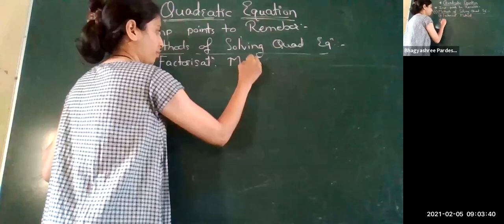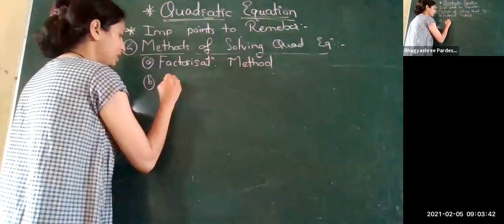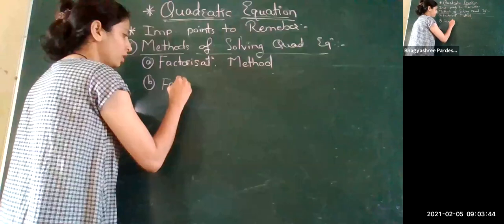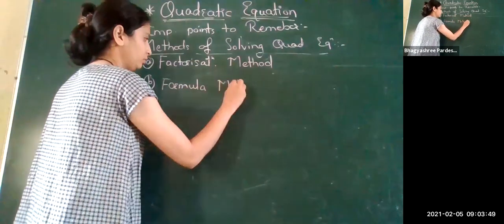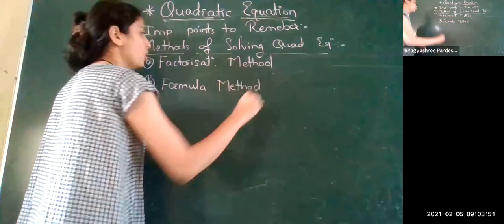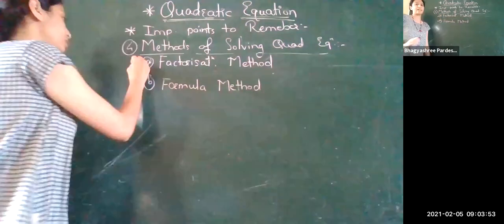The next one, the easiest, is the formula method. So these two methods we have to do very well.